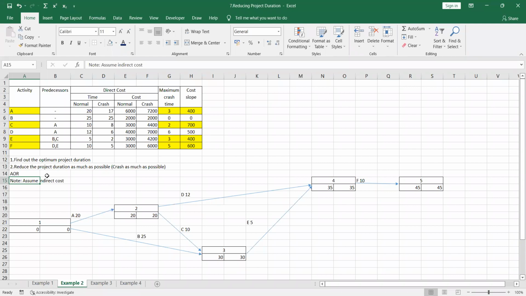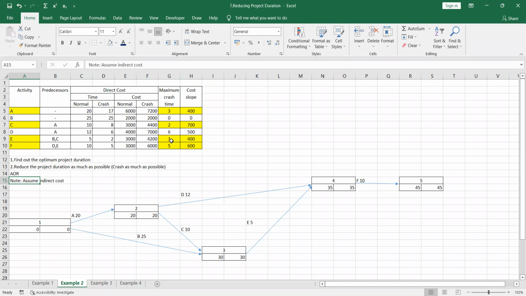Firstly, you have to see whether the maximum crash time is 0 in any critical path activity. The critical path activities all have more than 0, so we can crash any of these activities.